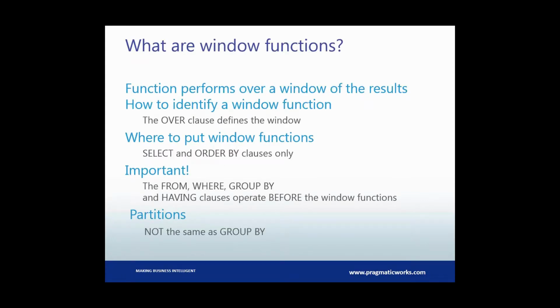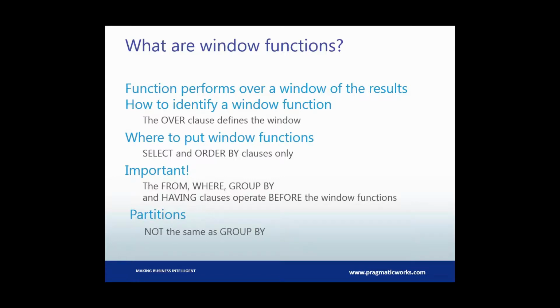So what are window functions? The way I like to think of window functions is that I have a query that has results, a set of rows that is going to be returned to the client. Before we return that data, we can define a window, or I think of it as looking through a window at that data, and we can perform some calculations on that data.